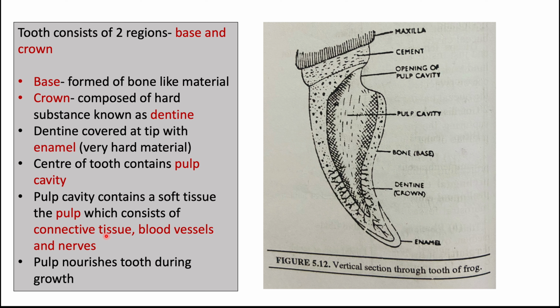Connective tissue means there will be blood supply or nerve supply also. That means this pulp is responsible for the nourishment of the tooth during growth. As we have studied, these teeth can be replaced many times, so there will be growth of the tooth, and from where will it get nourishment? From this pulp only. Clear?